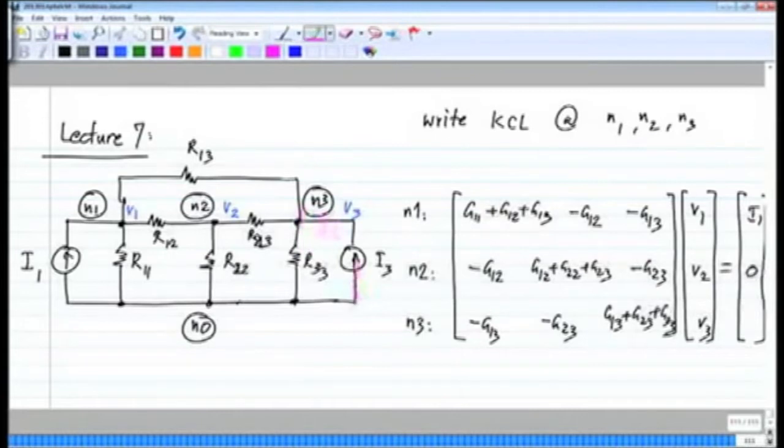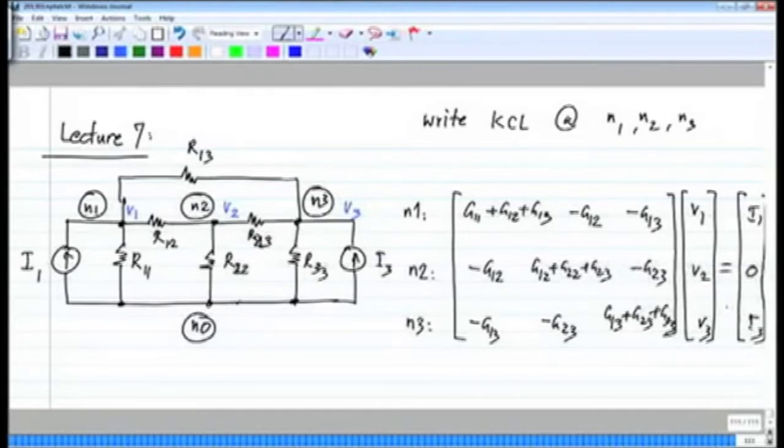Finally here, a current I3 is pushing current into node N3, so this will be I3. Okay. So this is what we had.